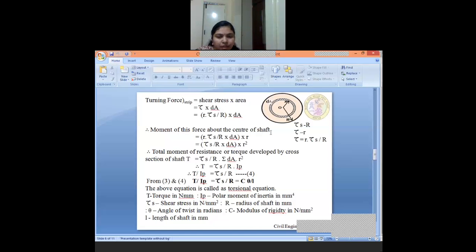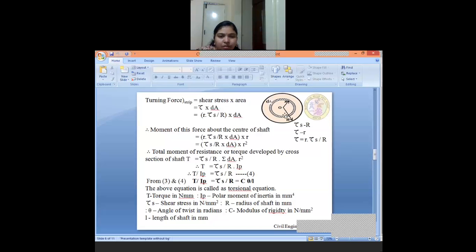Therefore, the moment of this force about the center of the shaft is given by this shear stress into dA into the perpendicular distance, the radius small r. So the moment is r tau S by R into dA into r.